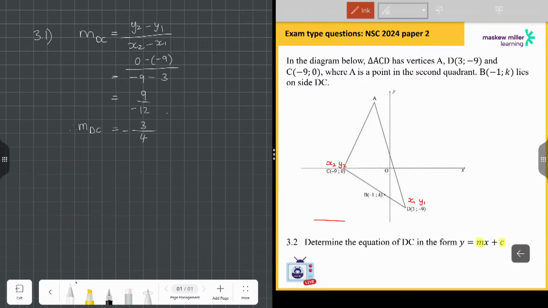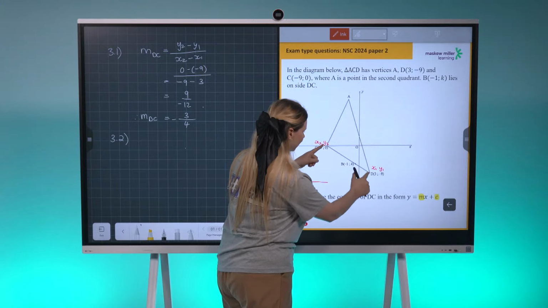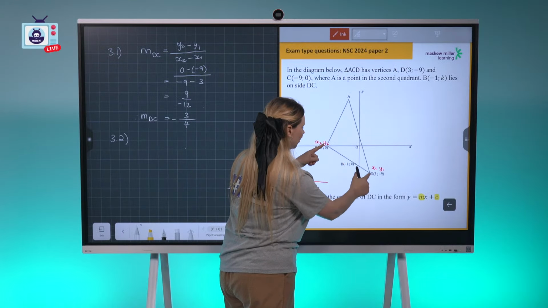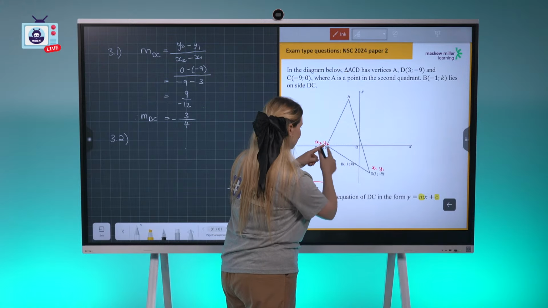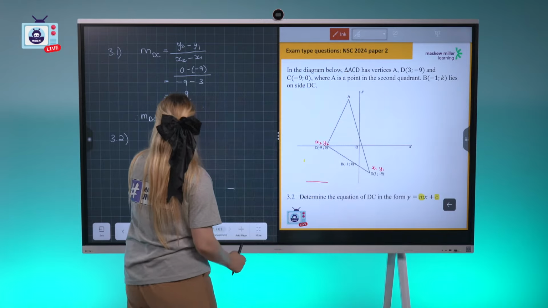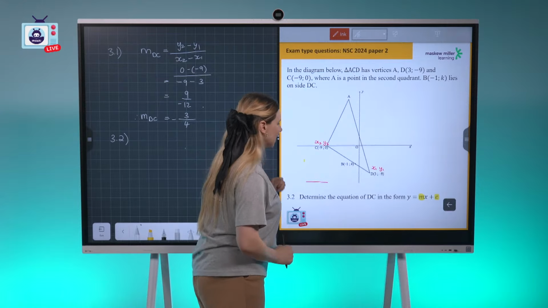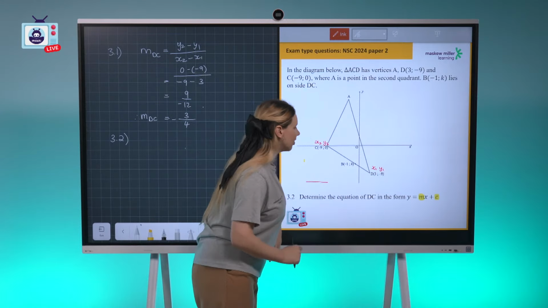So all we need to find is the gradient and the y-intercept, which is your c value. So how do we do that? Well, let's have a look here. We are looking for the equation of DC. We already found the gradient of DC. The gradient of DC is -3/4. And now we simply just need to find the c value.